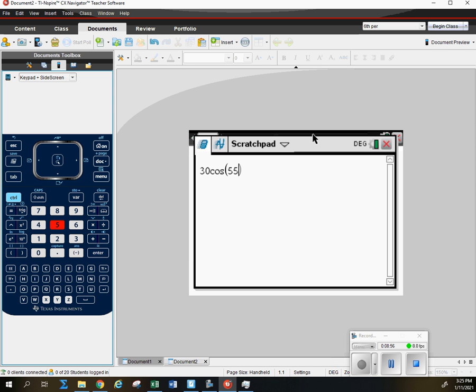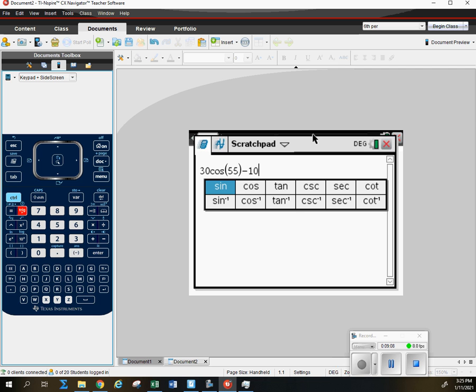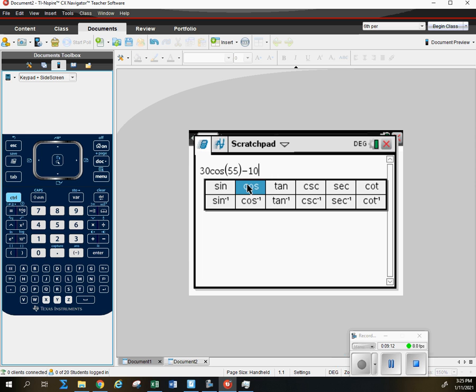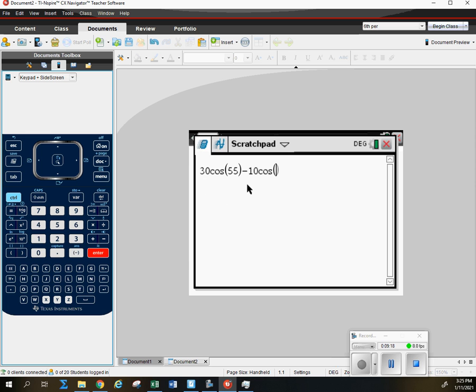Now here's the trick. You've got to go outside the parentheses before you do the next part. So right arrow, and then minus 10 cosine of 10 degrees. Oops, and cosine, and then put the 10 degrees in there.